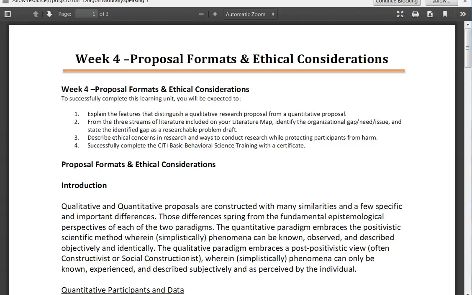So we are going to be looking at proposal formats. By that I mean we've got a template for the quantitative and a template for the qualitative.